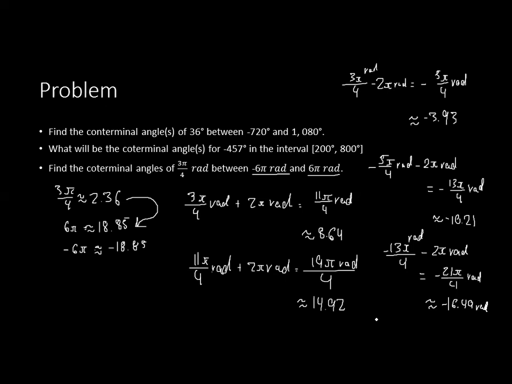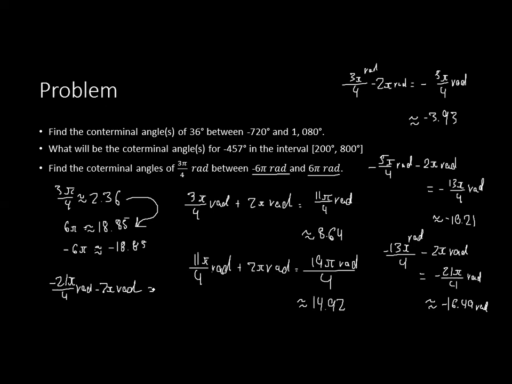Now, what if we continuously do that? Let me write it here. Negative 21 pi all over 4 radians minus 2 pi radians.